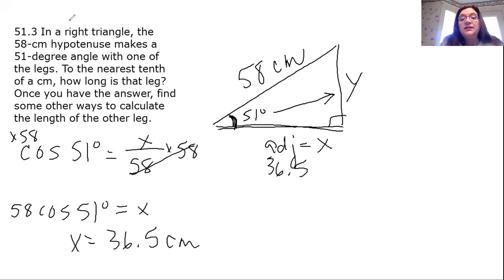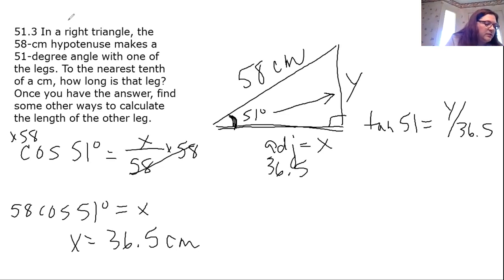Opposite over adjacent is tangent. I could say tangent 51 equals opposite over the adjacent, which is 36.5. So I could figure it out that way.